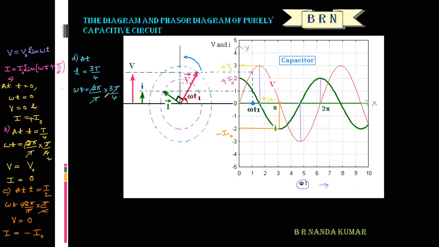T cancels, and 2 into 3 by 4 gives 3 pi by 2. So here the value of omega t is 3 pi by 2. Okay, so the voltage is V equal to V naught sine 3 pi by 2, sine 270, which is minus 1. So V is equal to minus V naught. Okay, at this point, what is the value of voltage?